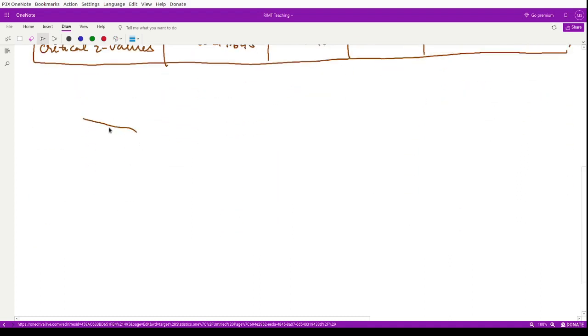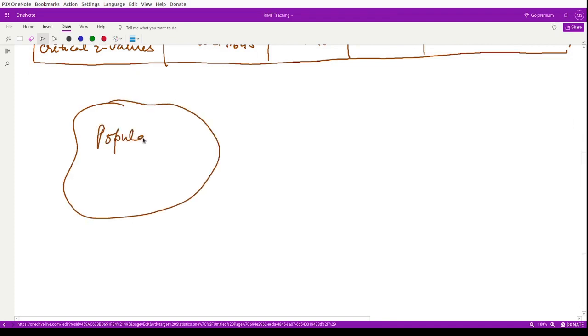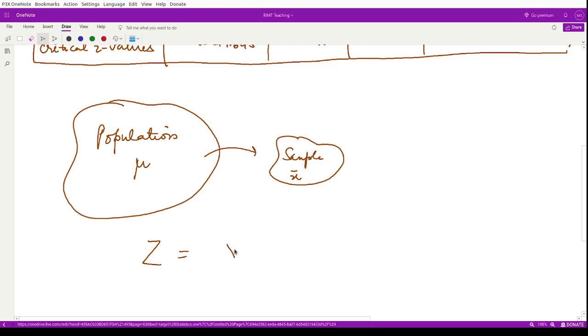So suppose this is your population whose mean is mu, and from this population you have a small sample whose mean is say x bar. In that case, your test statistic Z is given by x bar minus mu divided by sigma divided by square root n.